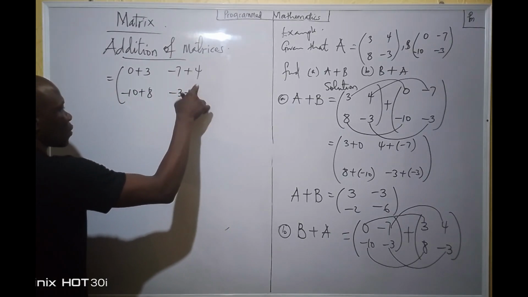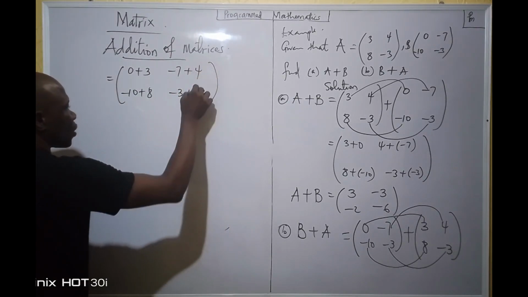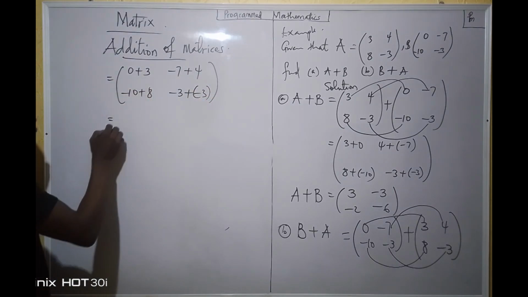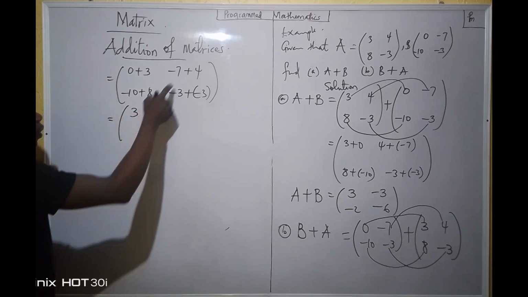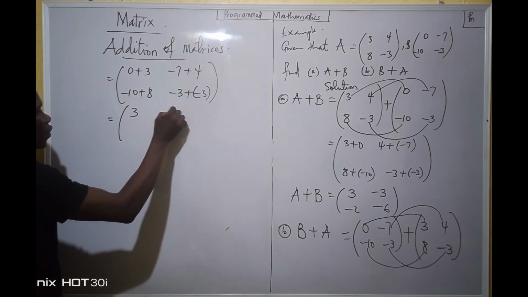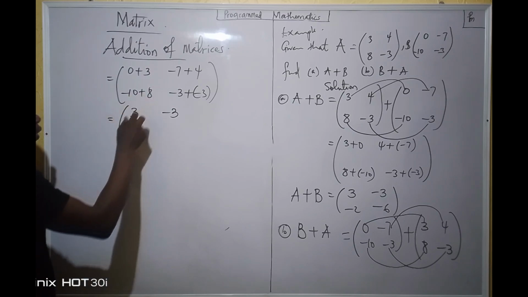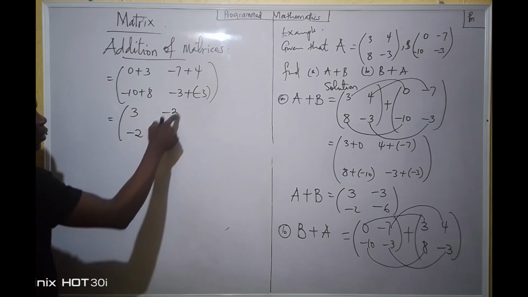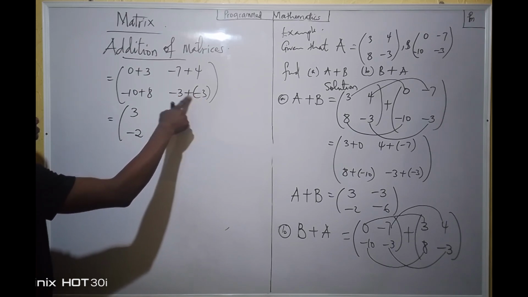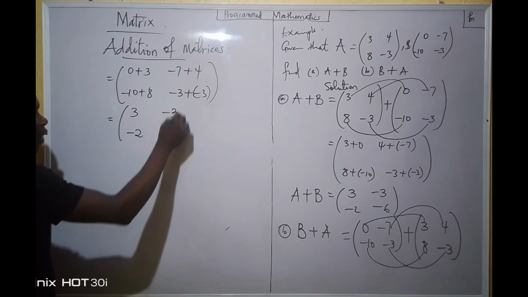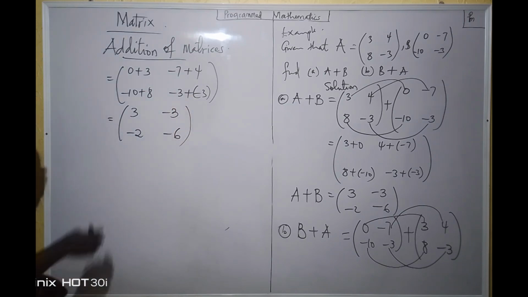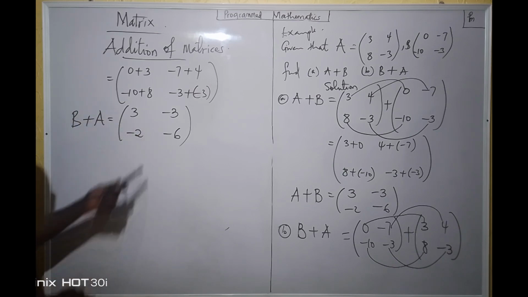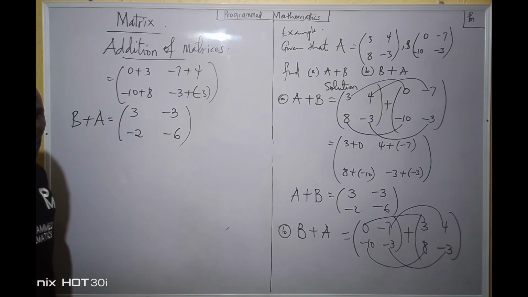If we do that now, 0 plus 3 is equal to 3, minus 7 plus 4 is minus 3, minus 10 plus 8 is minus 2, then minus 3 plus minus 3, plus times minus is minus, so minus 3 will give minus 6. So B plus A is the matrix 3, minus 3, minus 2, minus 6.